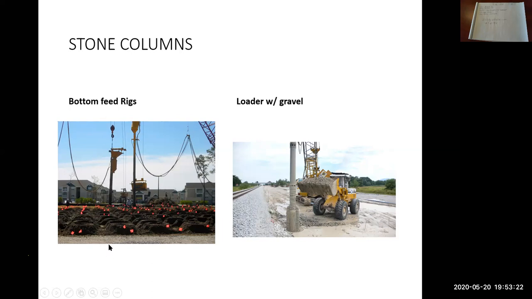So what it's basically doing is pushing the stone into the ground, creating those three-quarter meter diameter stone columns. Again, it's pushing the existing ground away from the new stone, which in turn densifies the soil.